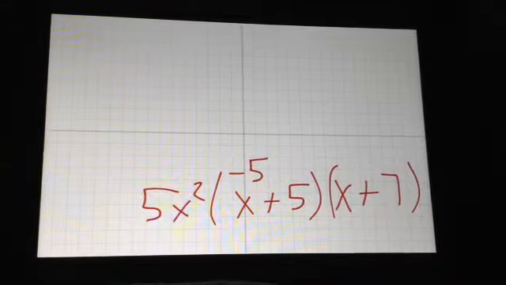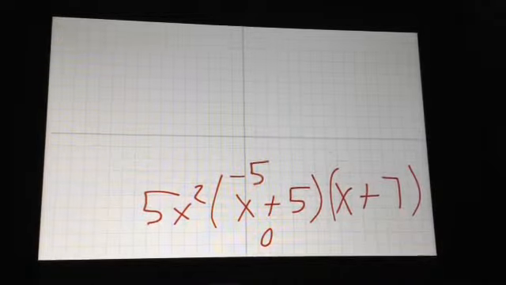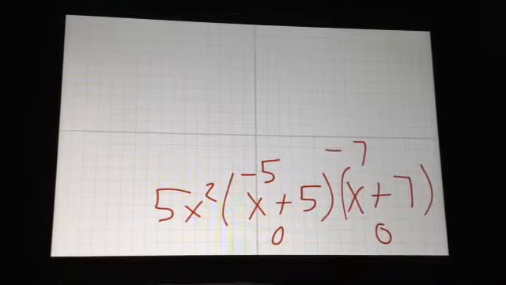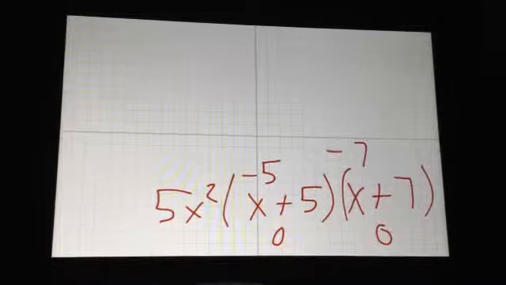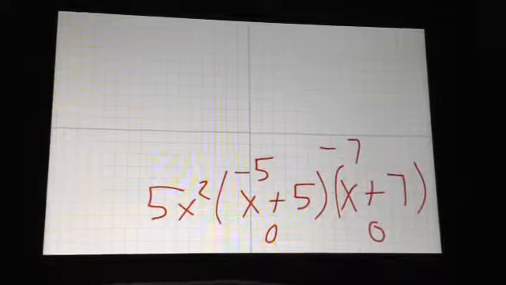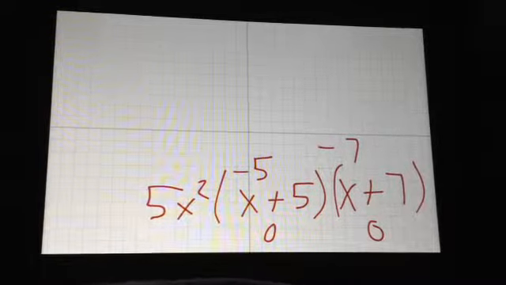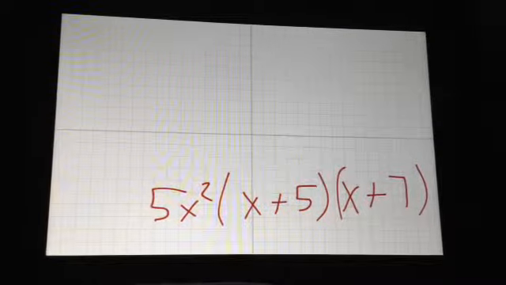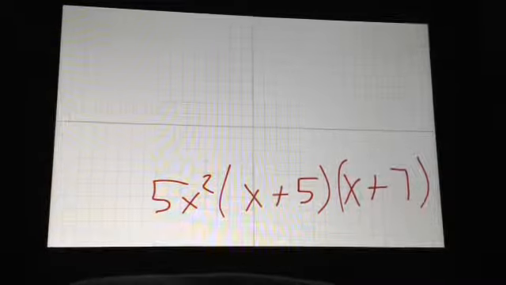Put a negative 5 there. Negative 5 plus 5 equals 0. And then negative 7 plus 7 equals 0. A lot of people say just flip the signs, but where that comes from is from making the parentheses equal to 0. So, negative 5 and negative 7 are our x-intercepts.